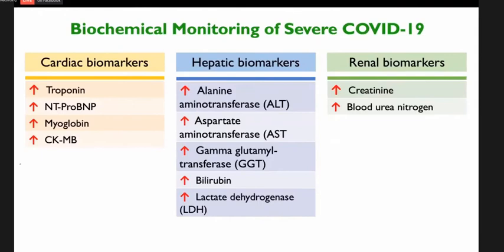Next, the various biomarkers for evaluating the function of the heart, liver, and kidney also fluctuate in severe COVID-19 patients. Accumulating clinical data suggest prominent cardiovascular dysfunction occurs in COVID-19 patients.